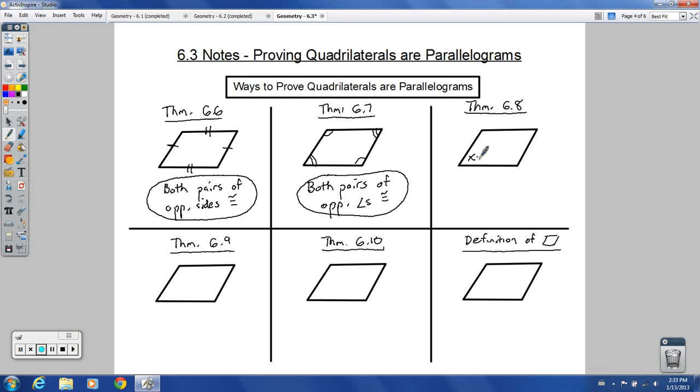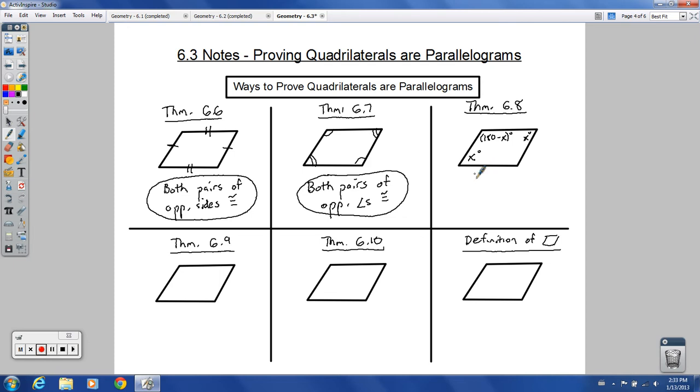Another thing you can use is that if the consecutive angles are supplementary. So if you had any old angle, x, then 180 minus x would be the supplement of that, because if you add x to 180 minus x, the x's cancel out, and you're left with 180. For instance, if this was 50 degrees, this one would be 180 minus 50, which is 130. 130 plus 50 is 180.